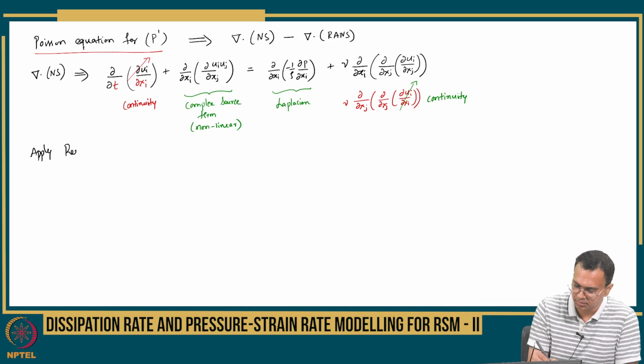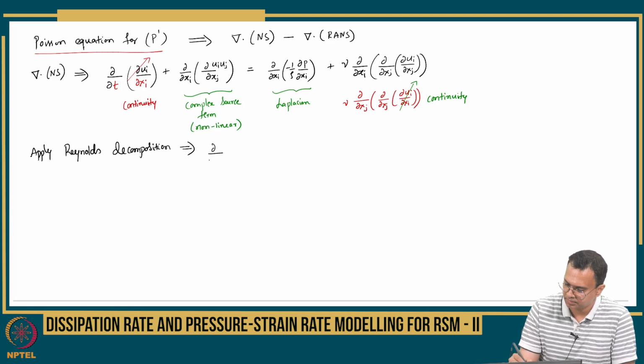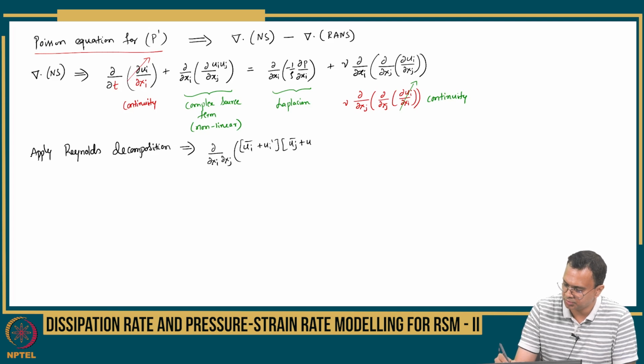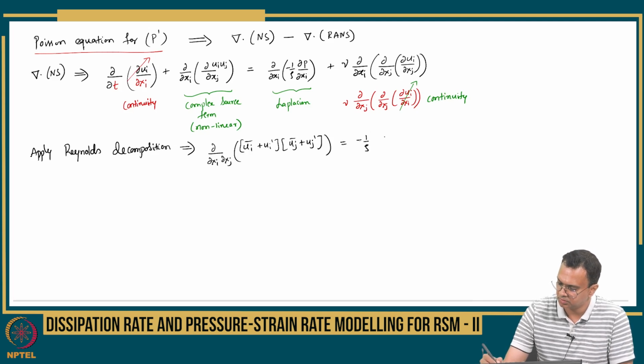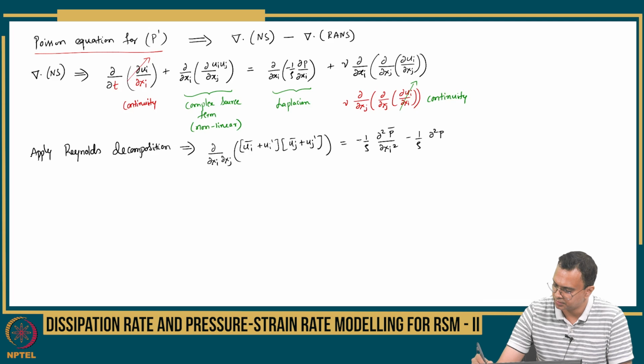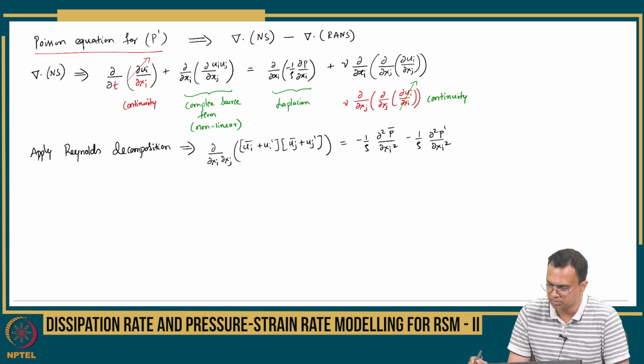So I get essentially dou 2 by dou xi dou xj of this part, which is ui bar plus ui prime, again uj bar plus uj prime, equal to this term which is minus 1 by rho, density is constant, so dou square p by dou xi square, the p of course I say p bar, and then I also get this term which is dou square p prime by dou xi square, decomposed into a mean pressure and fluctuating pressure term.